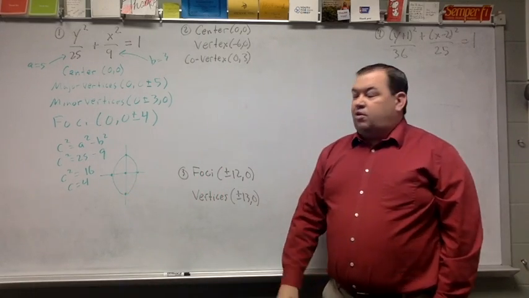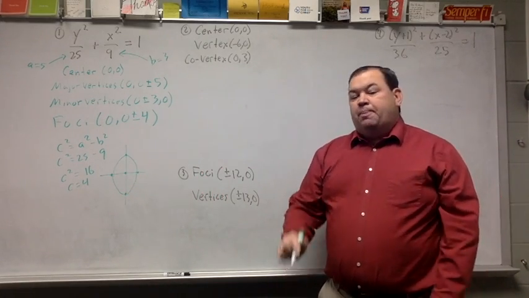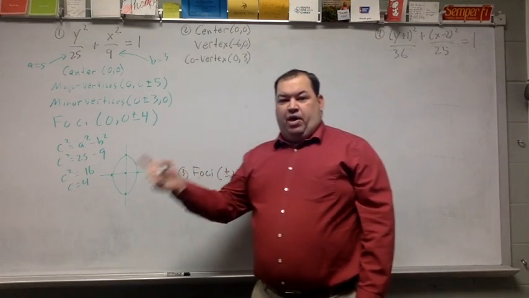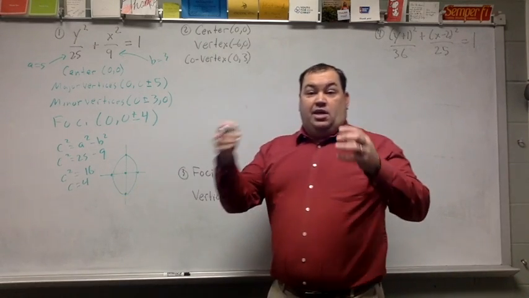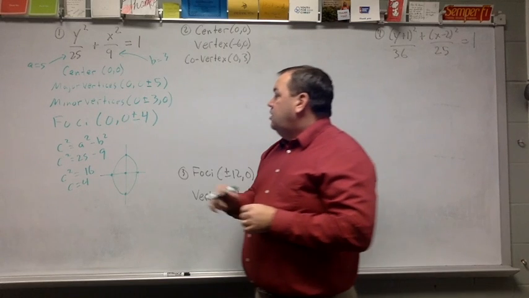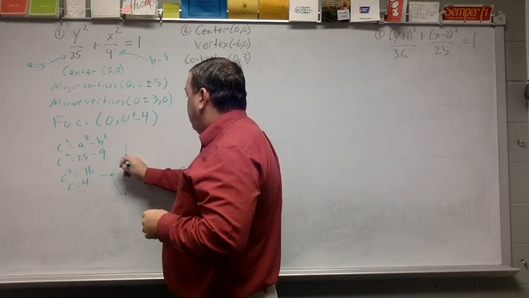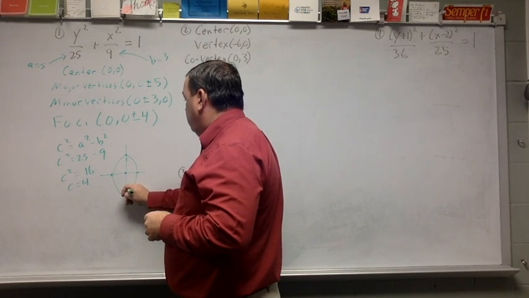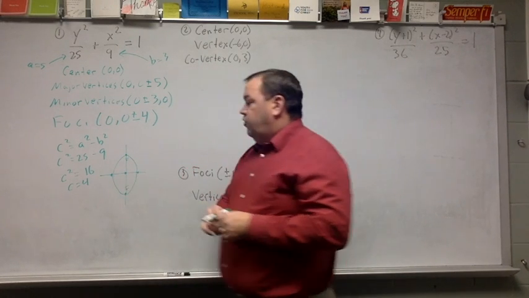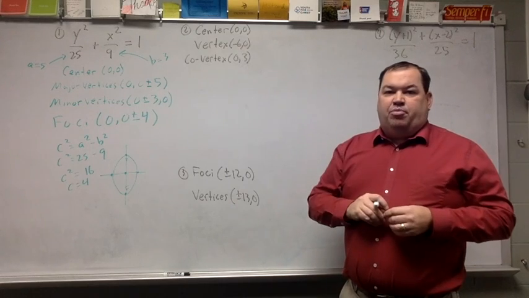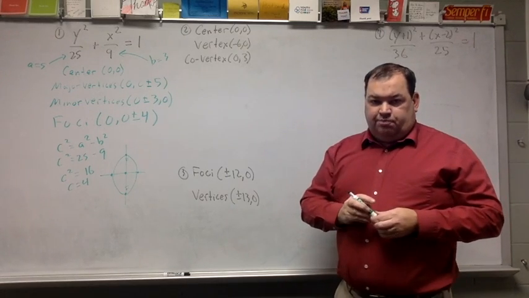So it is an up and down or an egg-shaped ellipse. And just like the parabolas had the foci on the inside of the parabola, my foci should end up on the inside. So if I go up and down 4, my foci sit inside my ellipse just like they should.